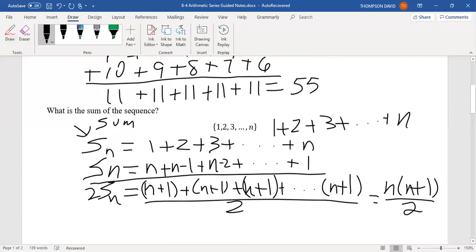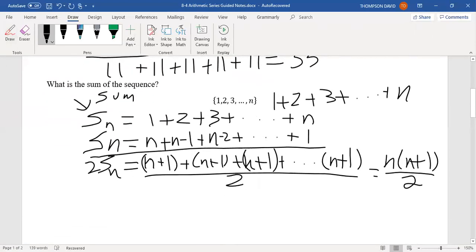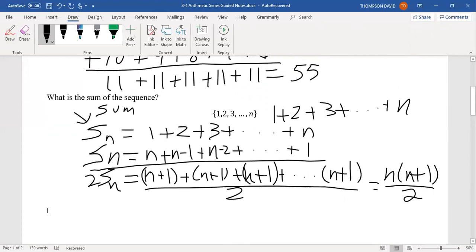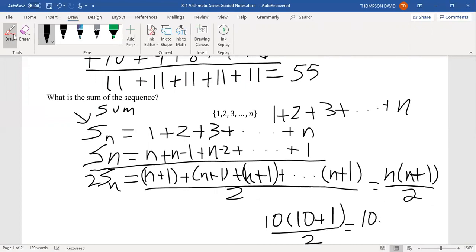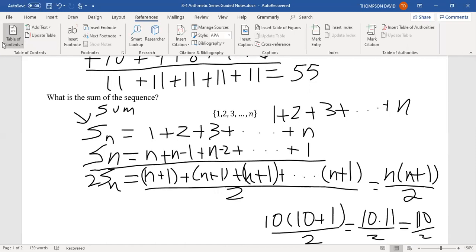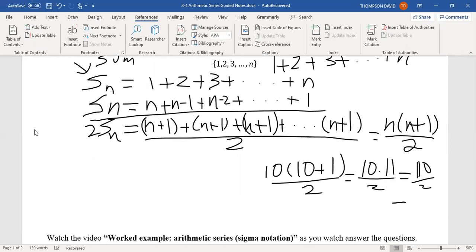The previous example, we had 10 terms. So it was 10 times 10 plus 1 all over 2, which would be 10 times 11 all over 2, which gives me 110 divided by 2, which gives me 55, and our formula works.